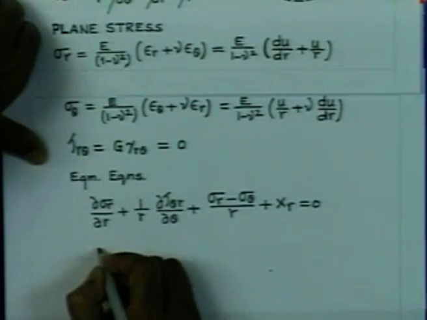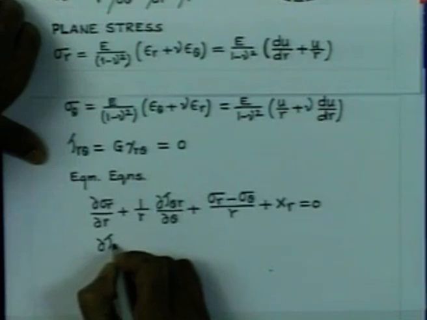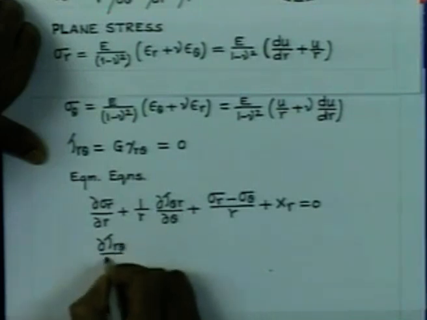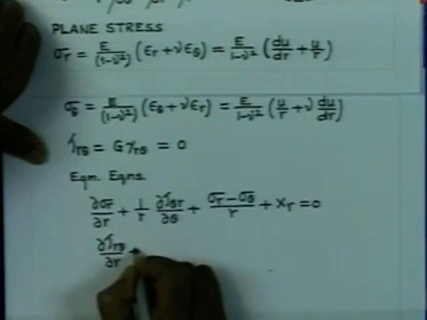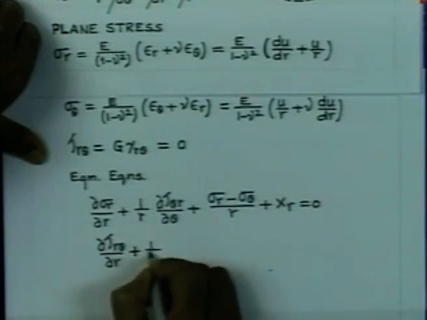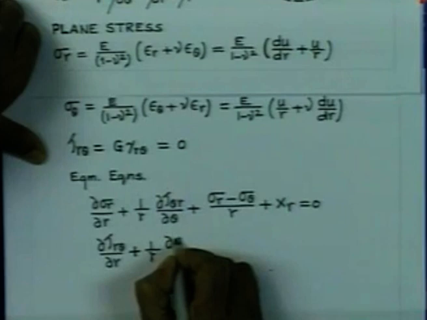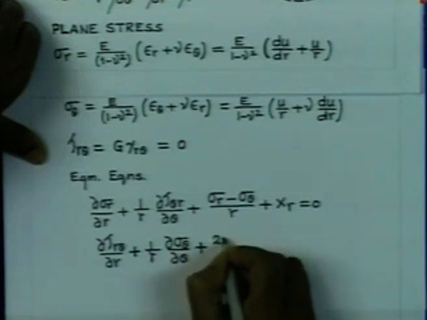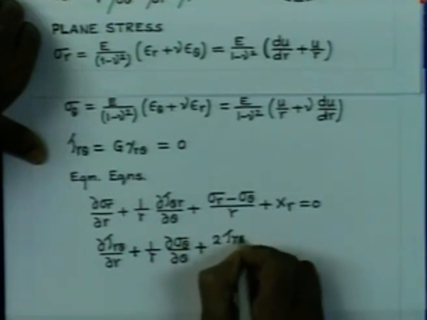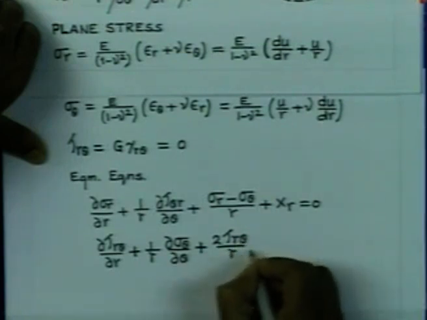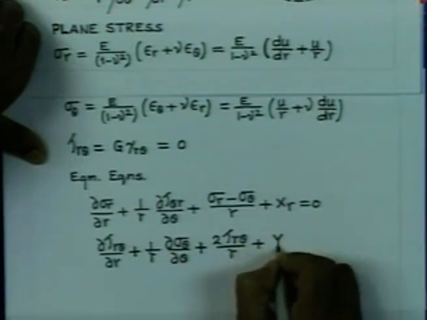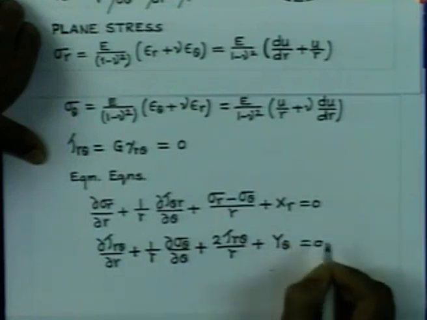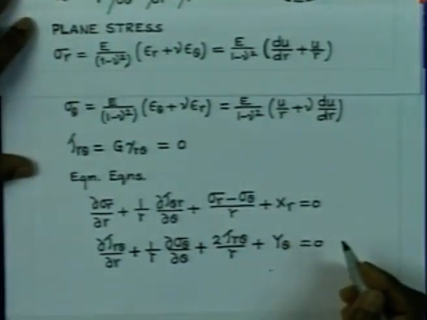Similarly, in the circumferential direction we had delta tau r theta delta r plus 1 by r delta sigma theta delta theta plus twice tau r theta by r plus body force in the theta direction equal to 0. So, these are the two equilibrium equations.